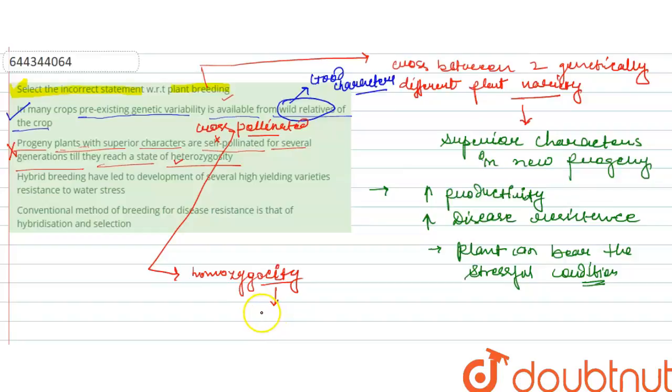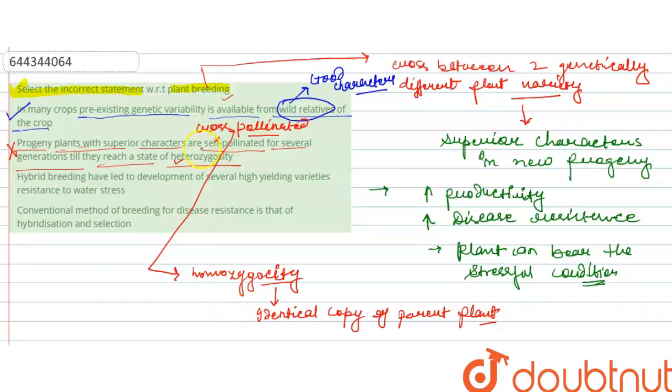These are identical copies of their parent plant. That means the progeny doesn't have the superior characters which we want.